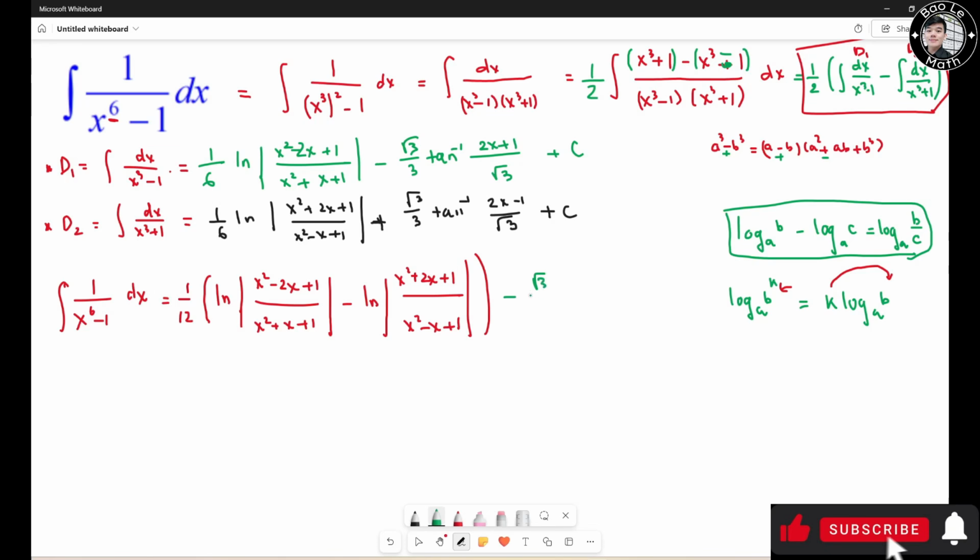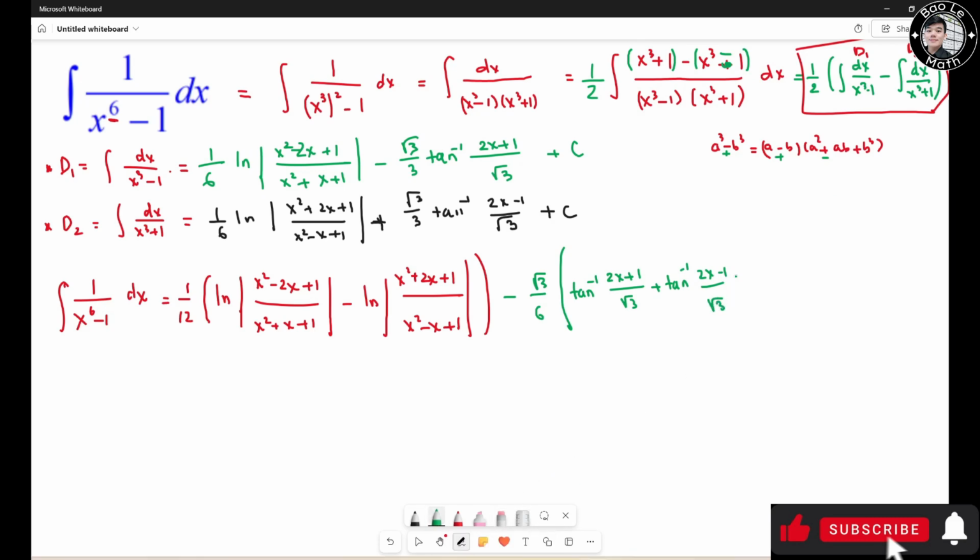Minus root 3 over 6, parenthesis, this guy turns out to be tangent inverse of 2s plus 1 over root 3 plus tangent inverse of 2s minus 1 over root 3 plus c.